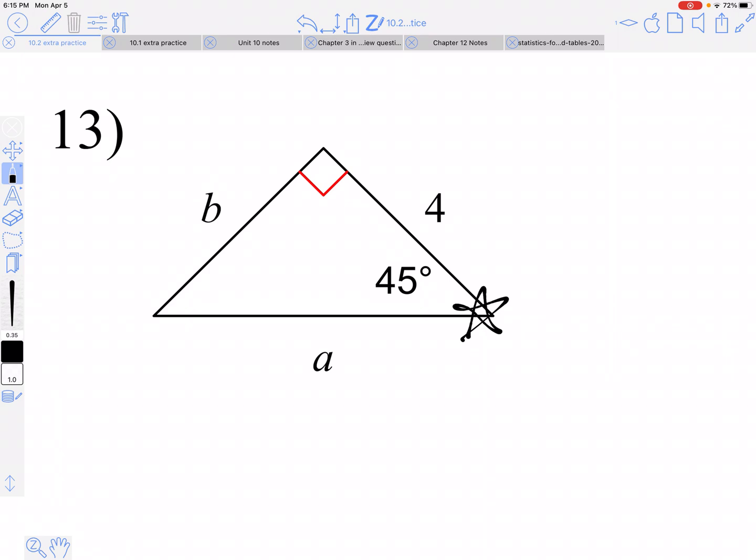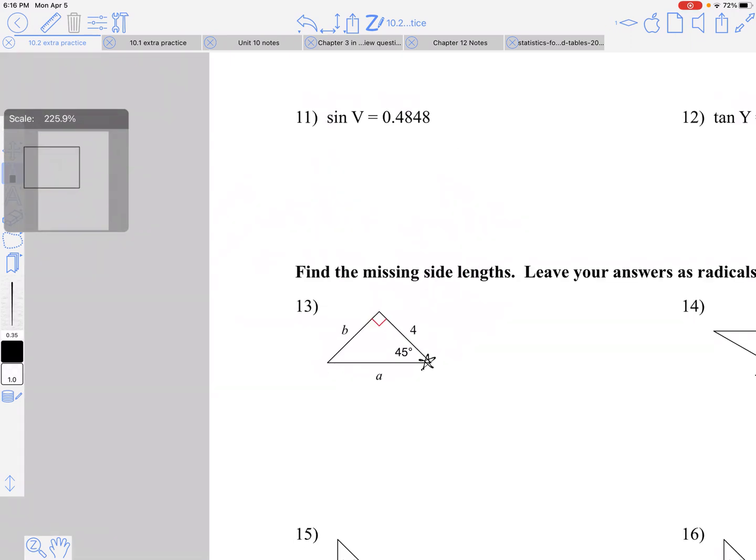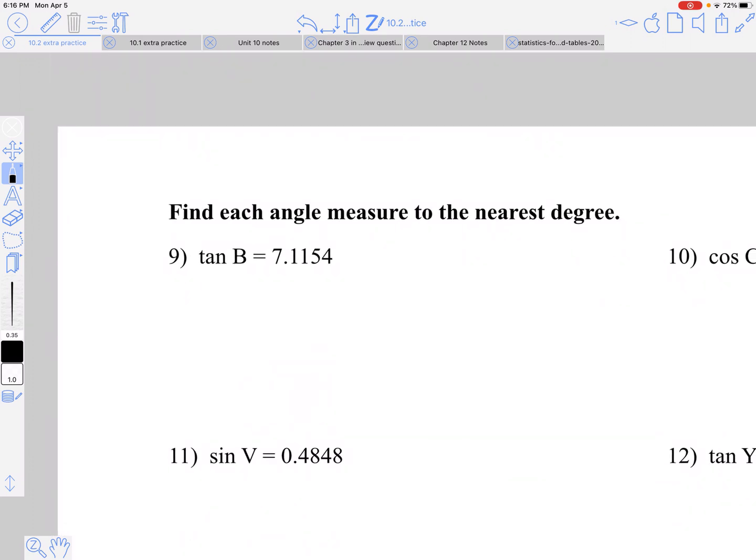So if you remember, it's 45 degrees, which means this is 45 degrees, which means this is 4, and this is also 4. Now if you remember, this is a little bit longer. It was 4 root 2. So we don't even need to put that in our calculator. We can figure that one out if we just look back at our notes, okay?